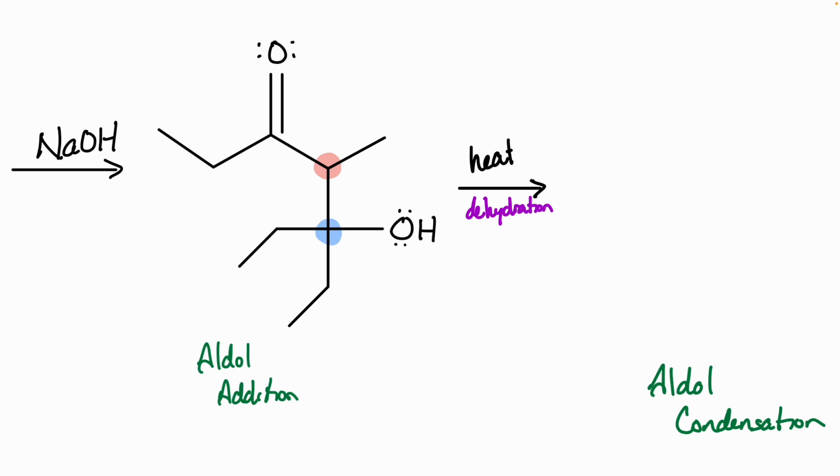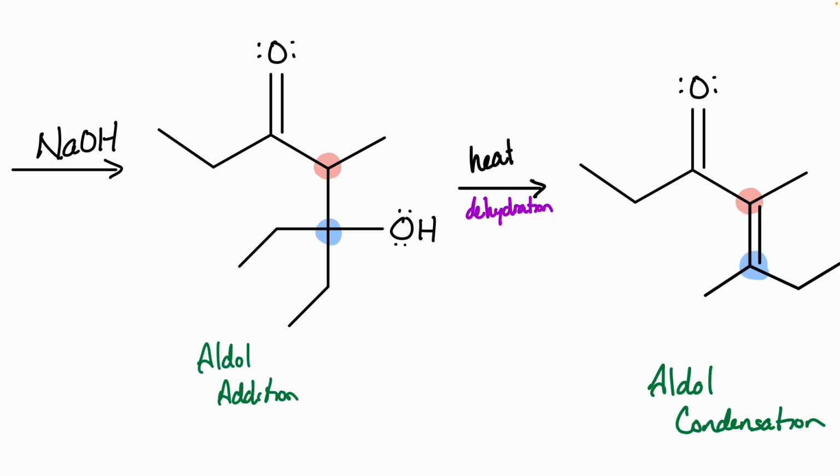So if we did our condensation product, we're going to draw in a carbon-carbon double bond between that nucleophilic alpha carbon and that electrophilic carbonyl carbon. And now we just have to include those additional carbons from my product.